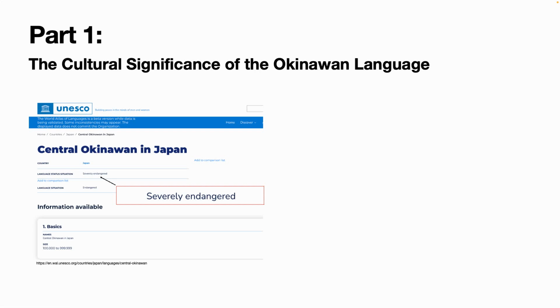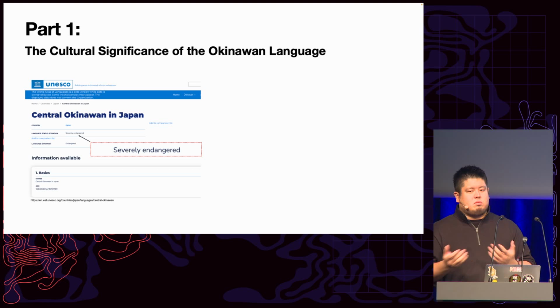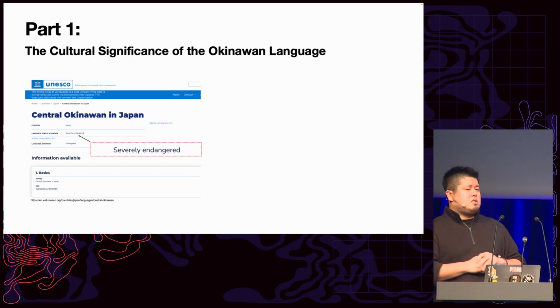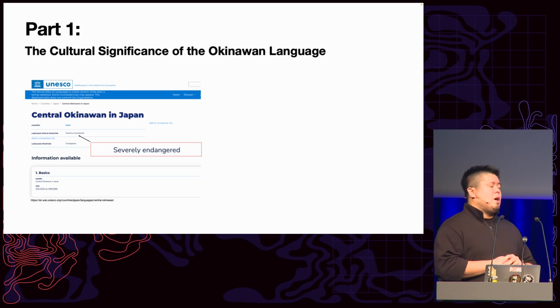The first thing is that Okinawan belongs to the Japonic language family, which means that the Okinawan language and the Japanese language, which is widely spoken on the Japanese mainland, share the same ancestry, but they developed differently over all those years. It's like German to English or French to English or what have you. And it is considered to be a severely endangered language. Unfortunately, because of the assimilation put onto the island, because we used to be a kingdom on our own called the Ryukyu Kingdom about 400 years ago.